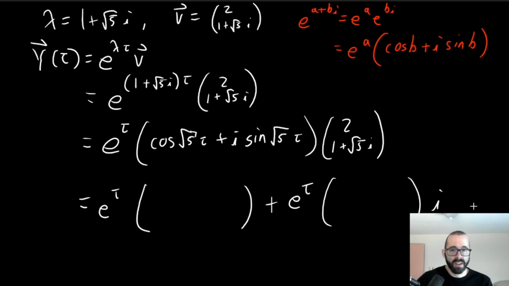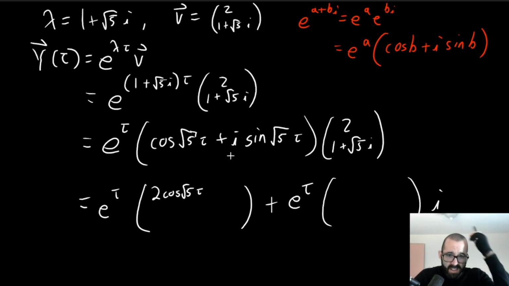So what's the real part here? Well, the real part is going to be 2 times cosine of root 5t. And is that the only real part for the x coordinate?